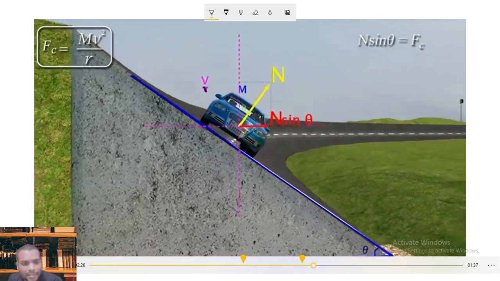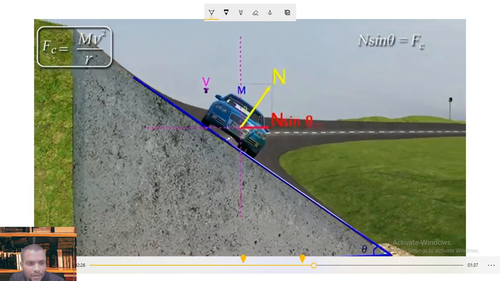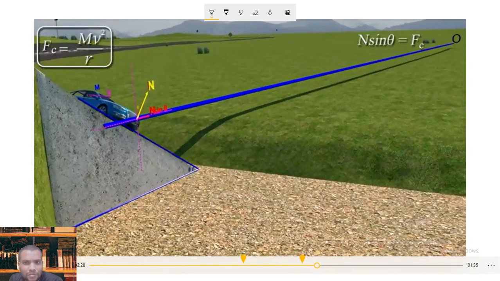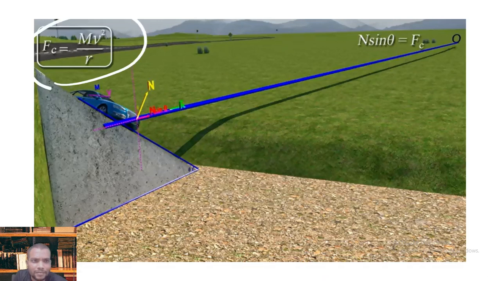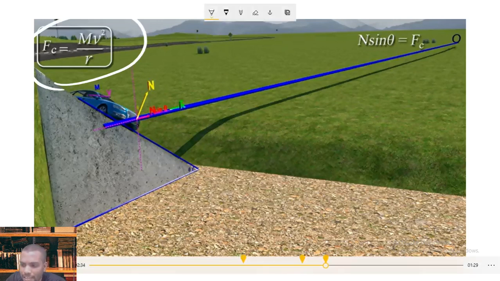One of the components provides the necessary centripetal force. For a curve of radius r we need the necessary centripetal force. Without it, we cannot complete a safe turn.